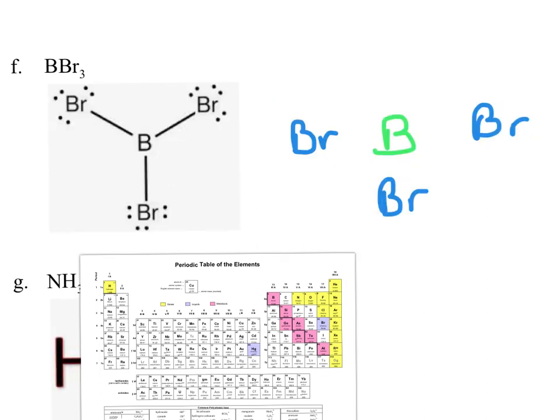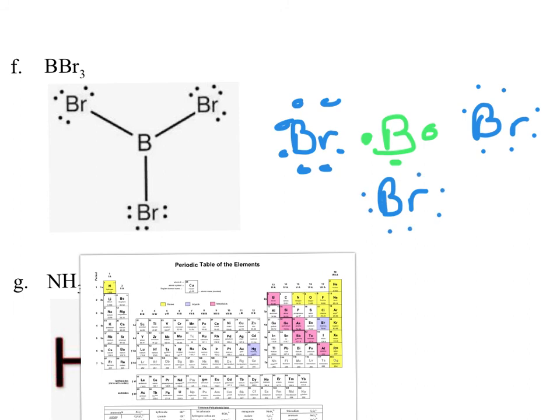This next compound is BBr3. B is one of our exceptions. It has just 3 valence electrons, and it will want just 6 in total. So 1, 2, 3, and then each of those Brs will have 7. 1, 2, 3, 4, 5, 6, 7.